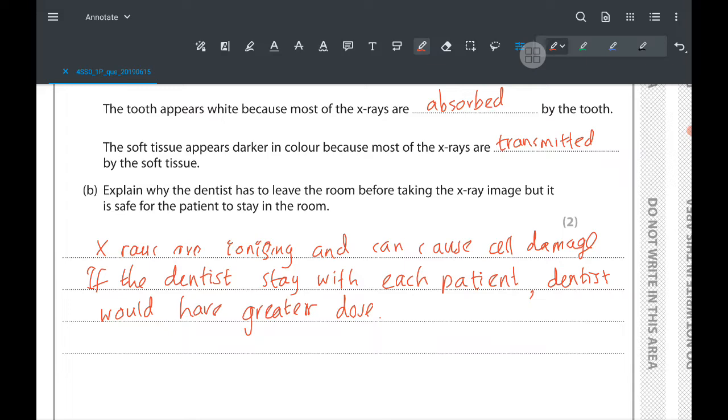Since we have explained the consequences of exposure to X-rays, X-rays are ionizing and they can cause cell damage, and also they can cause cancer as well. So to finish this sentence, you can say that the dentist would have a tendency of getting cancer if he stays so long, like with every patient when they are taking X-ray.